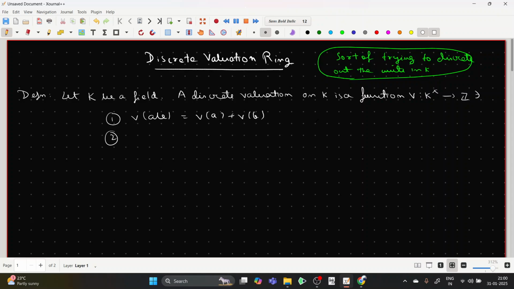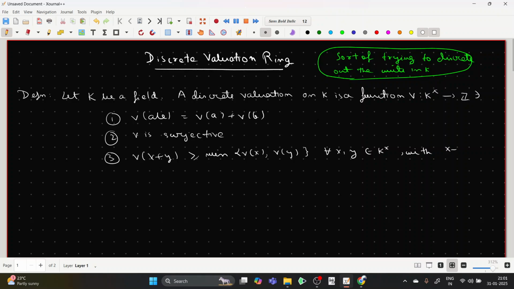Number two, V is a surjective map, and three, the addition is defined like this. V of x plus y is greater than or equal to the minimum of V of x and V of y. And this happens for all x, y in K cross with x plus y non-zero.